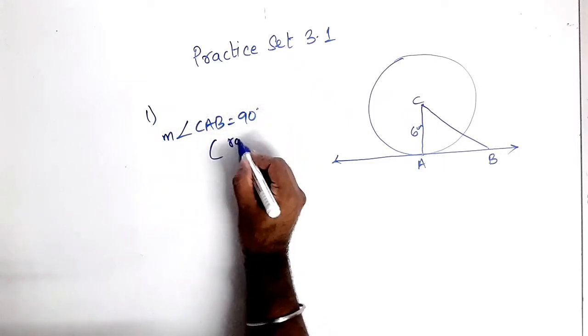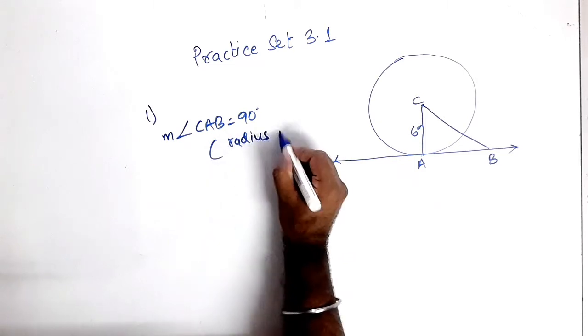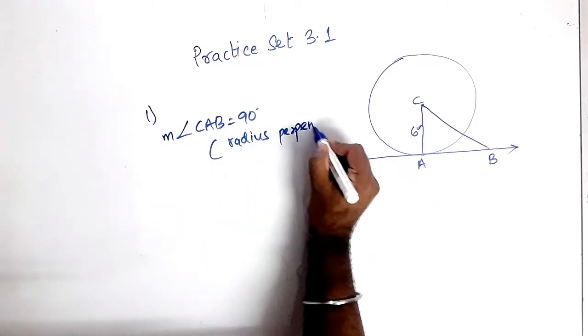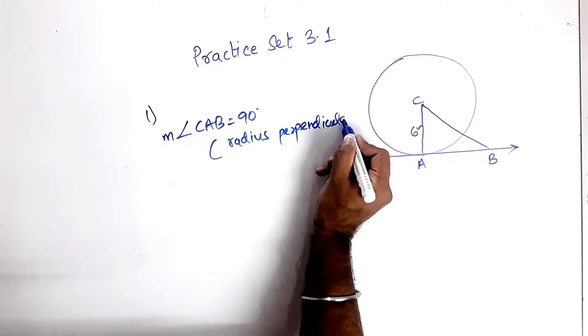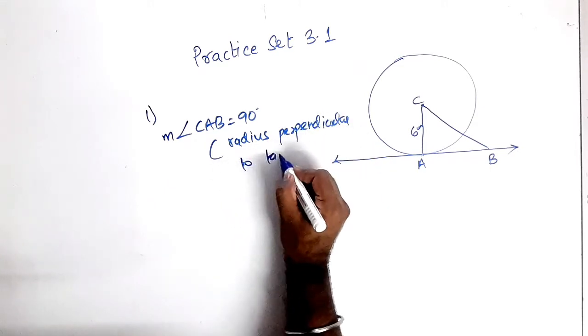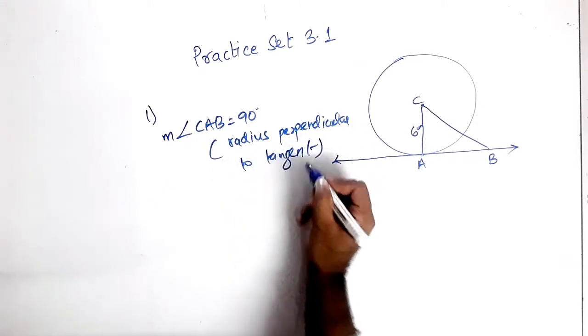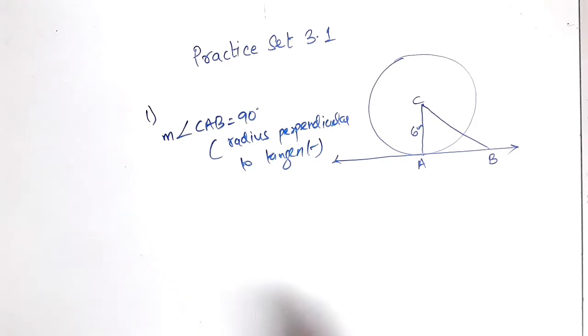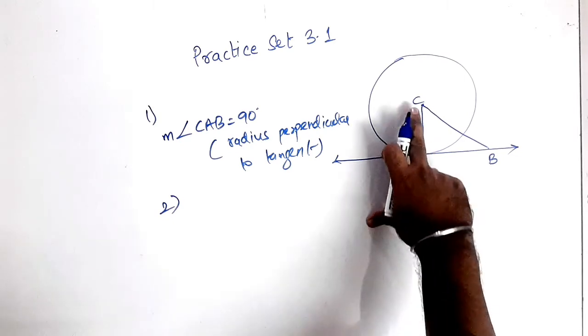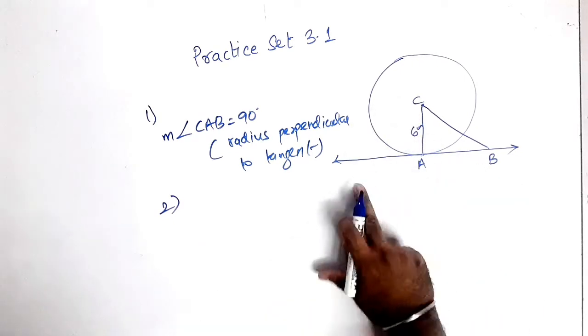Why? Radius perpendicular to tangent. Okay, then the second one is what is the distance of point C from line AB?